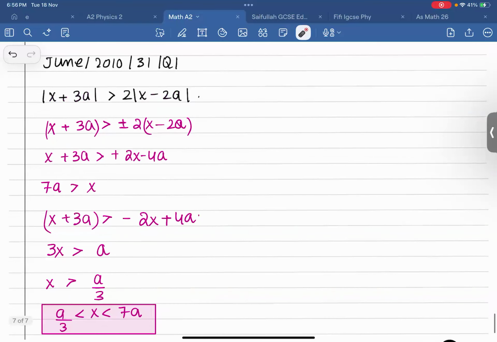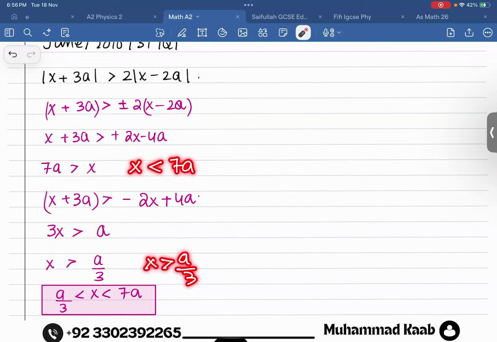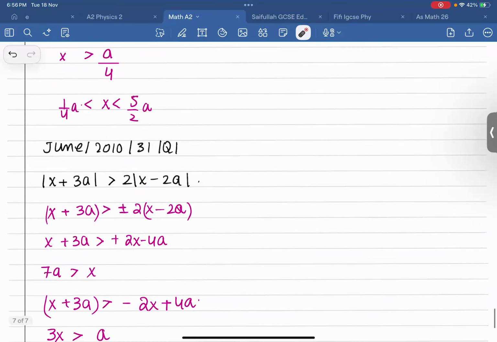If you write that way, x is smaller than 7a, and x is greater than a over 3, right, which means this has to be a greater number. You just need to rearrange the thing so the answer will come in that form, right?